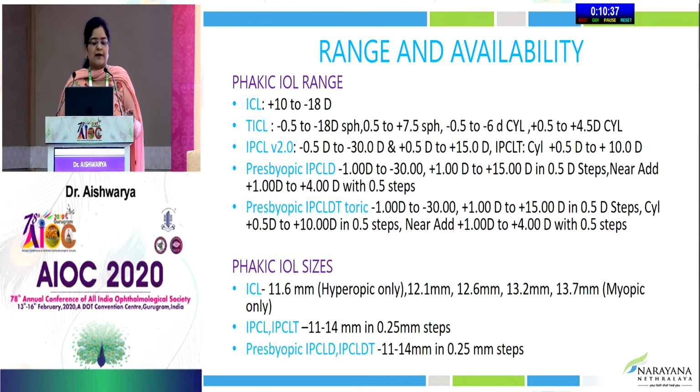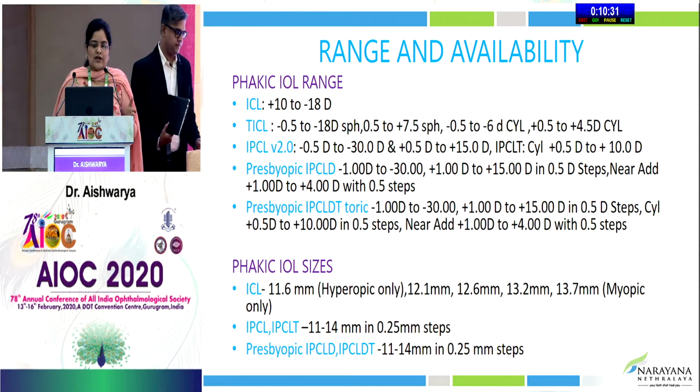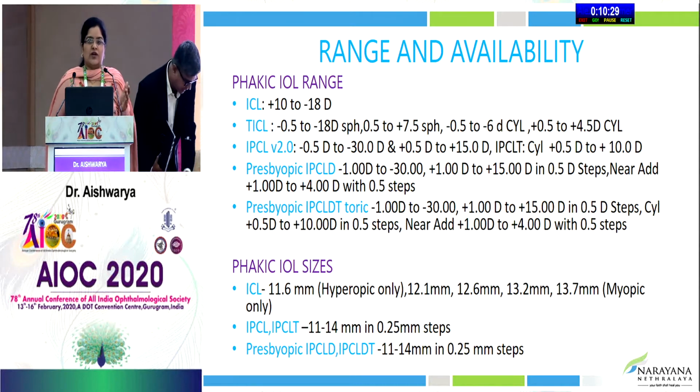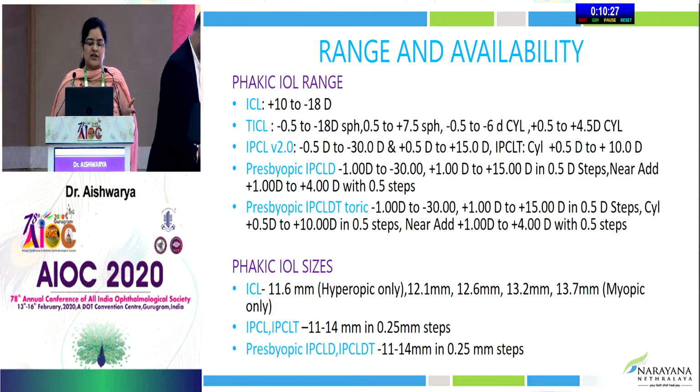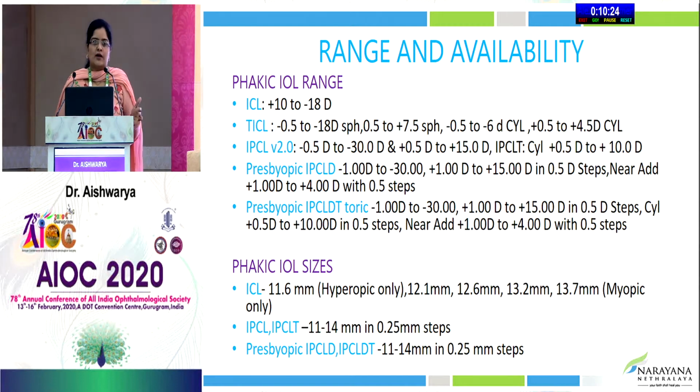Then comes the presbyopic IPCLDs and the IPCLDTs, that is the toric part. From -1 to -30, it's a huge range. That is what you have to appreciate, the fact that practically no matter which patient comes to you, which cylinder comes to you, up to almost plus 10 diopters which comes in IPCLs, it's a huge range. And it is customizable as well.